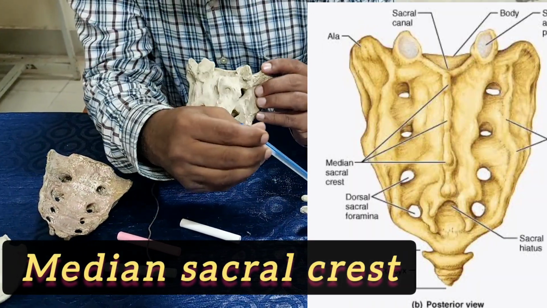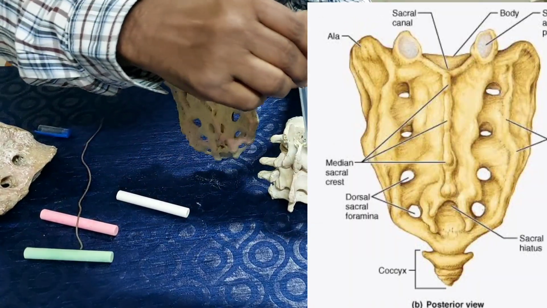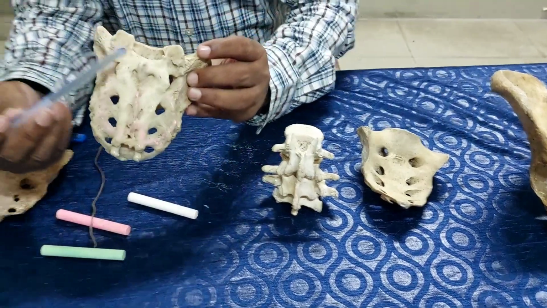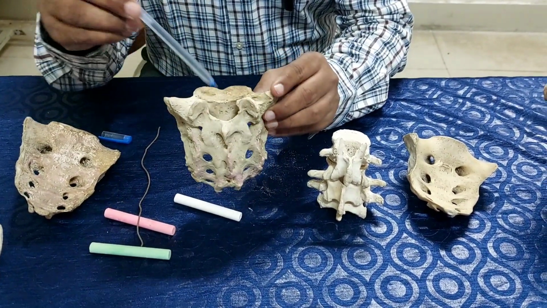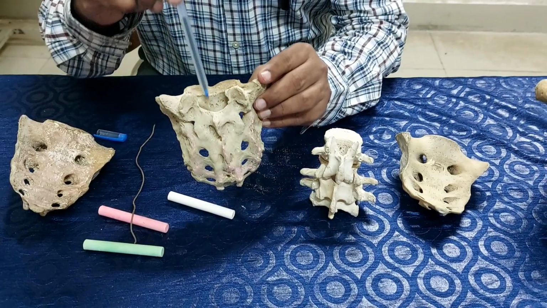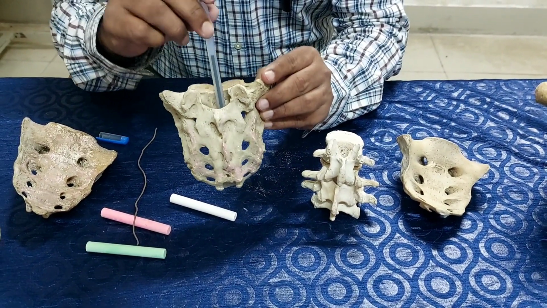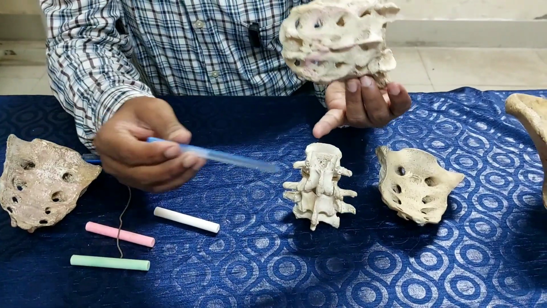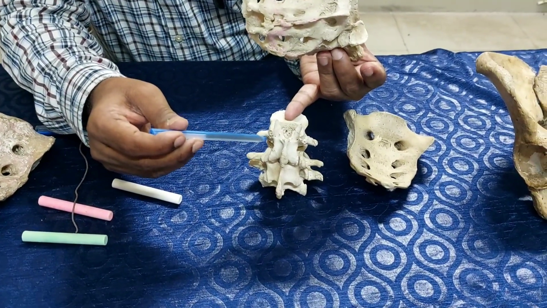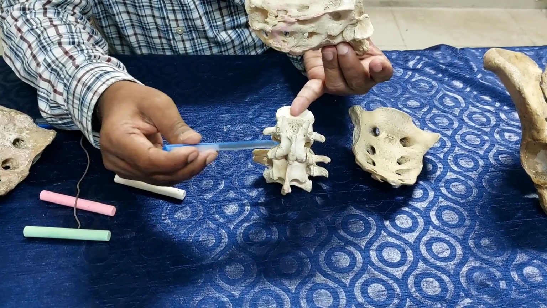Lateral to the spine is the lamina. Here is the lamina. Here also you will get the lamina. They are all lamina. And this leads to the sacral canal. On the lateral side of the lamina, you see this is the articular process, one superior, one inferior.